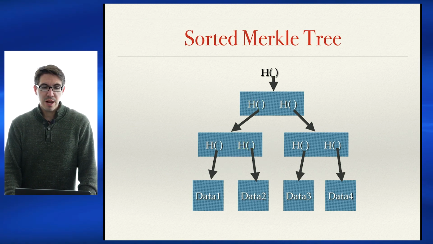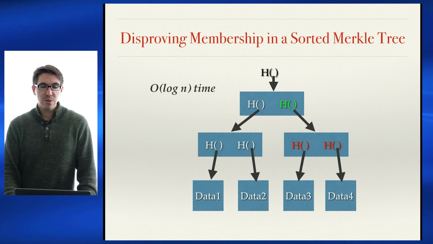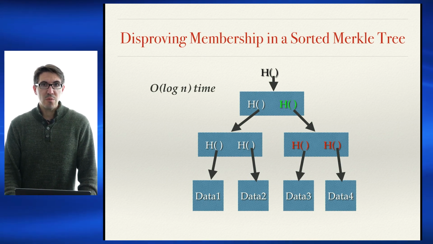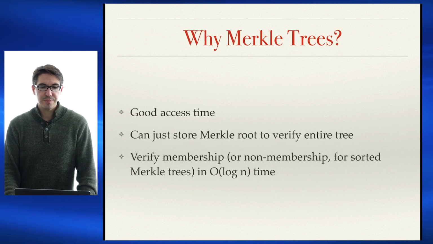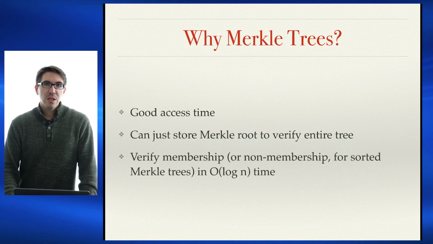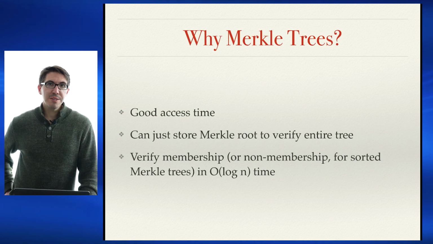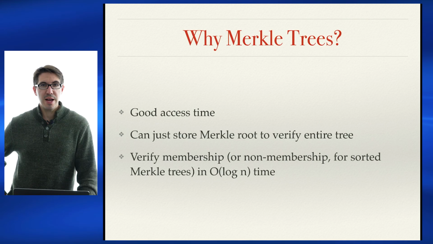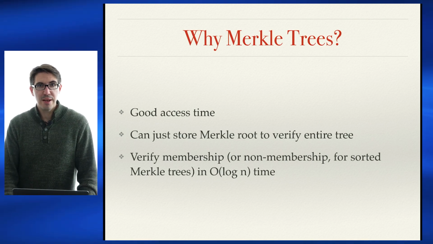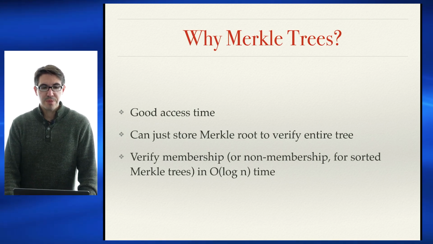If we have a sorted Merkle tree, we can disprove membership, because we'll know if something exists or not based on whether or not those nodes exist or not. So why would we use Merkle trees? Again, good access time. Traversing a tree is much simpler than traversing a linked list, where to find anything, you've really got O of n traversal time.